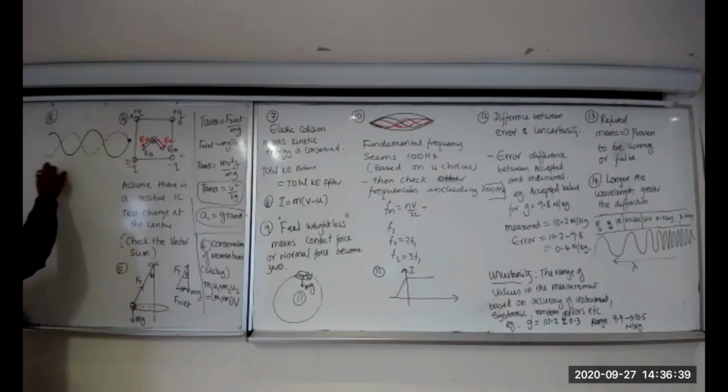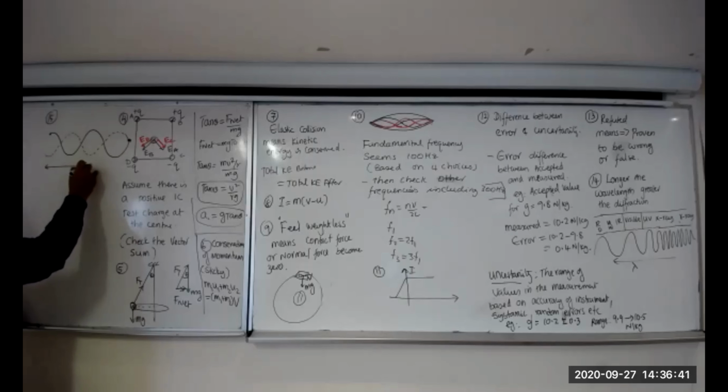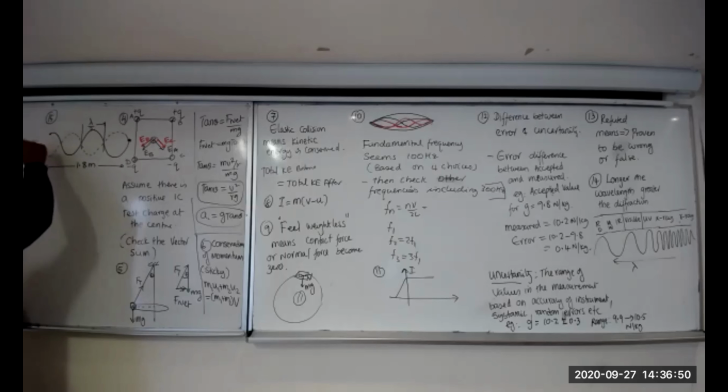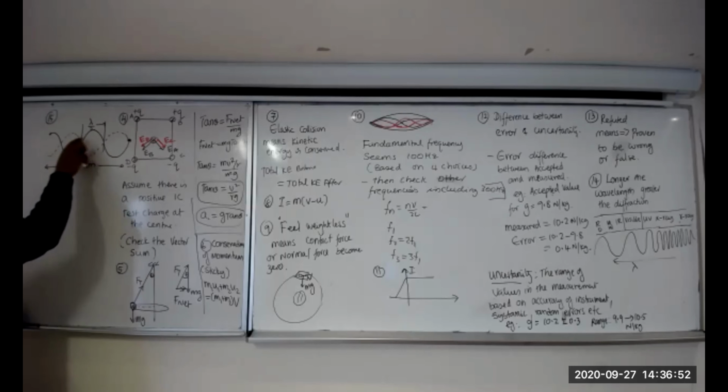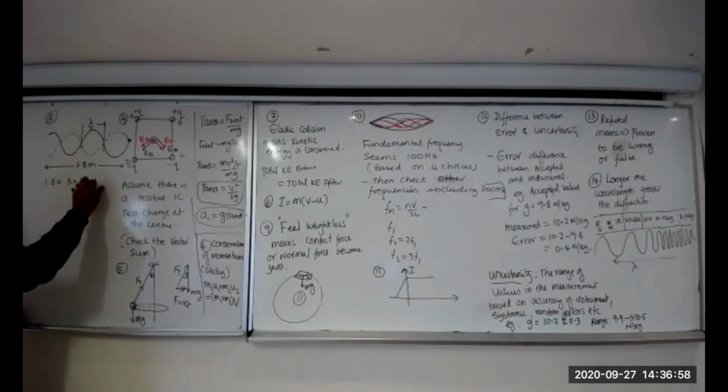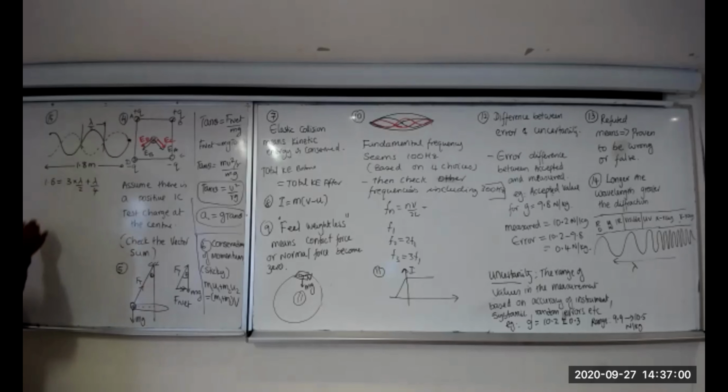The whole length is 1.8 meters. So you can see the D is lambda on 2. The last bit is lambda on 4. So 3 lambda on 2 sections, and then you find the D. Question 16, yeah, 16 is Doppler, so forget about that.